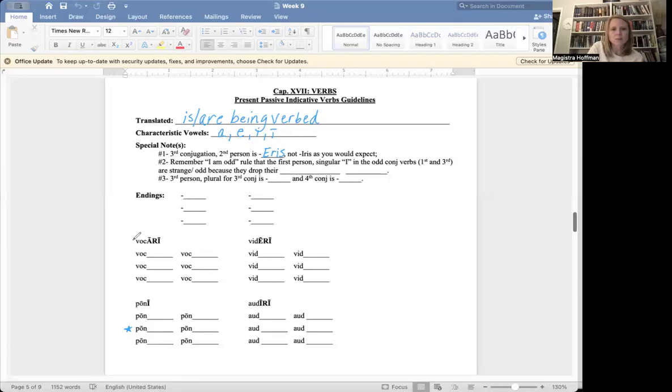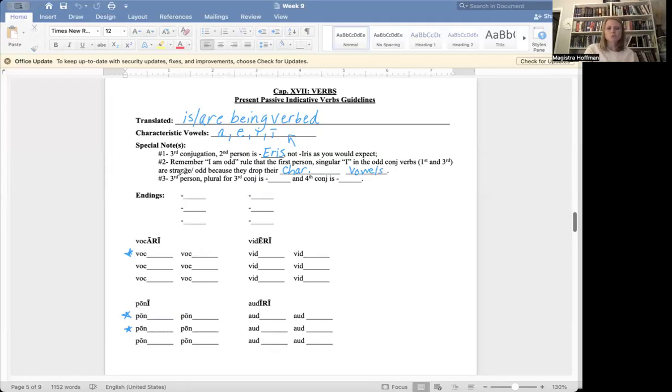Remember, the I am odd rule is the first person in the odd conjugation verbs, number one and number three. So this one is weird: the first person is going to be strange because they're going to drop, just like the active, their characteristic vowels.